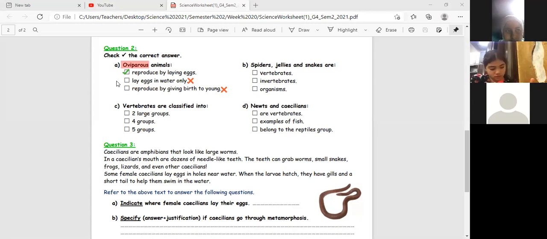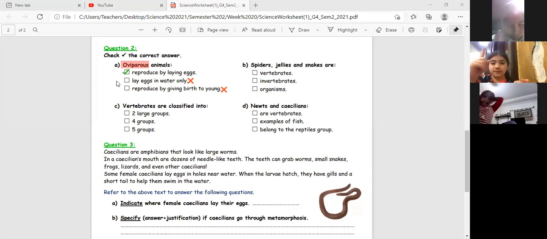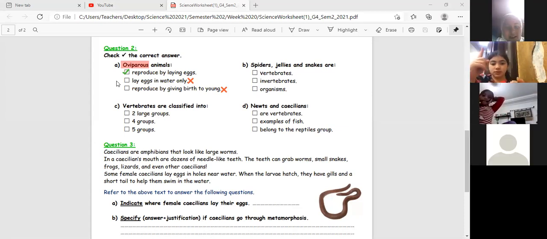What do you think, Eltaf? Invertebrates. Yalla, this question is for all of you. Spiders. Listen to me. Spiders, are they vertebrates or invertebrates? Spiders are invertebrates.